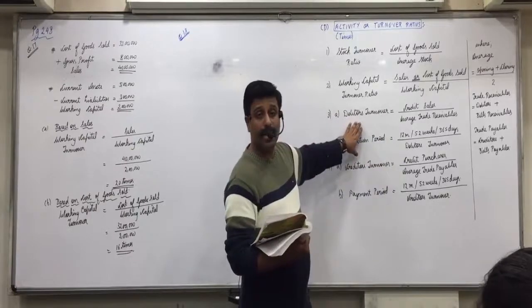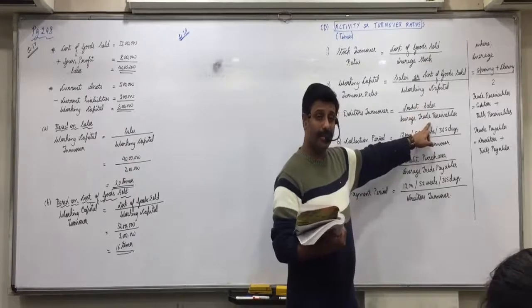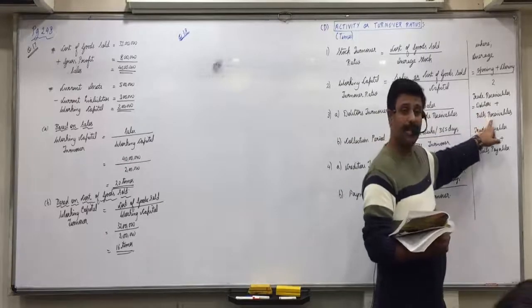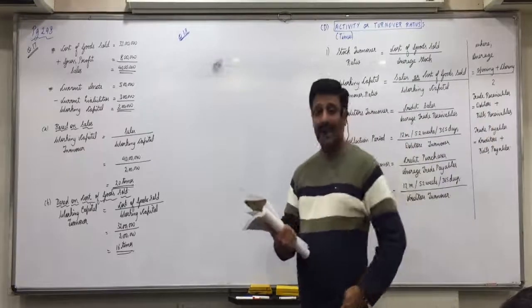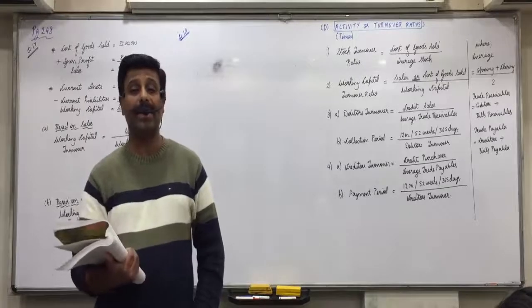Now to find debtors turnover, we require credit sales and trade receivables. Trade receivables means debtors plus bills receivable. Total sales has no relevance. Opening and closing debtors and bills receivable are marked TR.